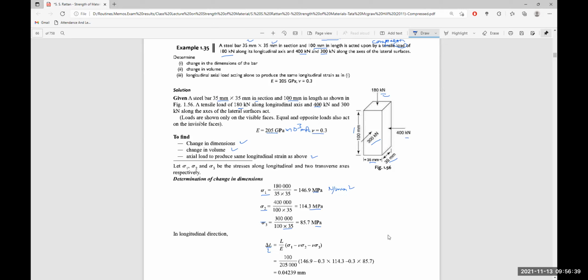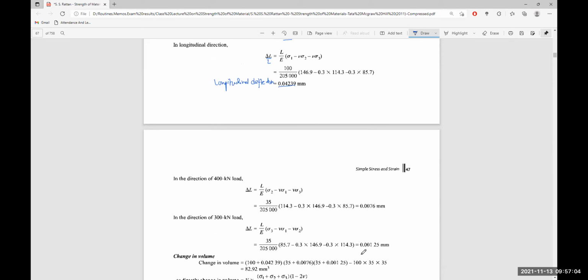We put them together, where the length is given as 100 and E is given as 200 times 10 to the power 3. So the longitudinal deflection, or change in length, is 0.0435.